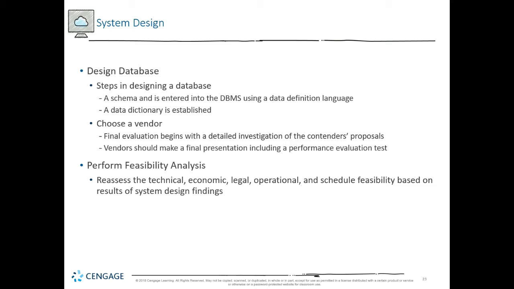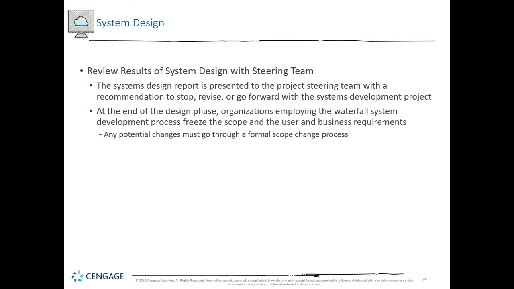Perform feasibility analysis. Reassess the technical, economic, legal, operational, and schedule feasibilities based on the results of the system design findings. System design. Review results of the system design with the steering team.